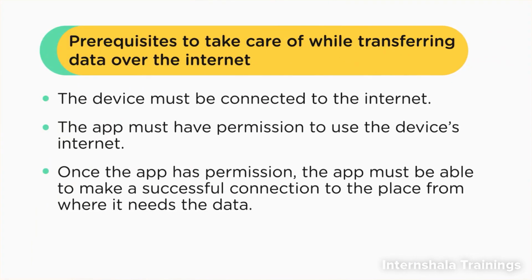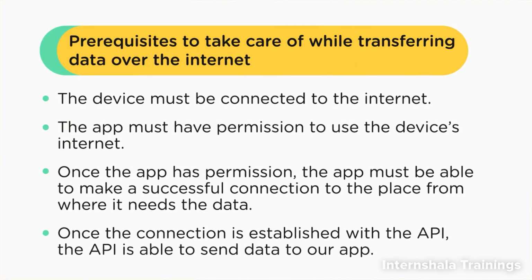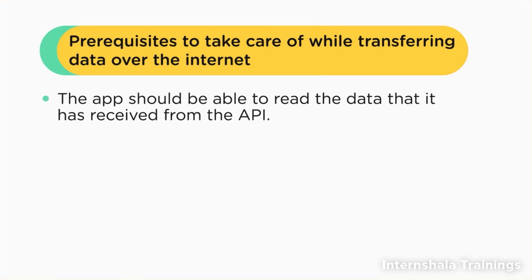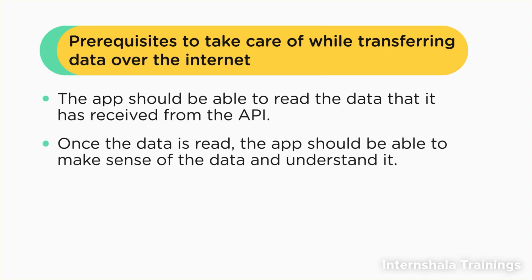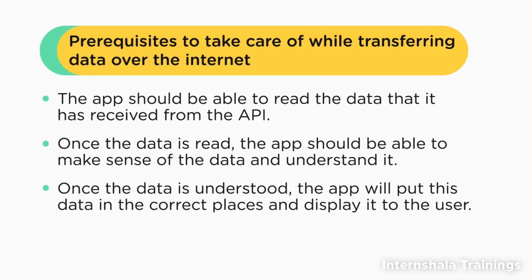So coming back to this list, once the connection is established, the API is able to send data to our app. In the next step, the app reads the data that it has received from the API. Once the data is read, the app should be able to make sense of the data and understand it. And once the data is understood, the app will put this data in the correct places and display it to the user.